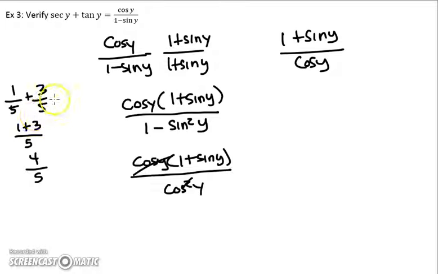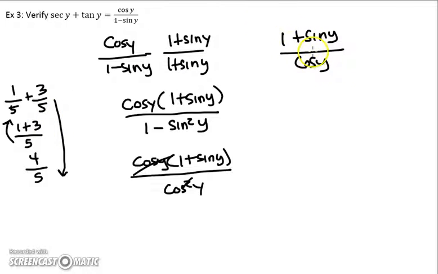We're really good at going in this direction with this process. But what we're allowed to do is work backward. If we have something plus or minus something else over a single term, we can split them apart and get 1 over 5 plus 3 over 5. So we're basically uncombining like terms.